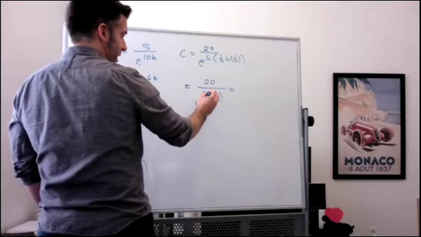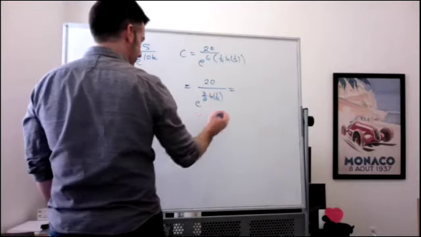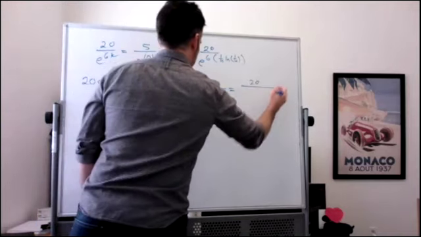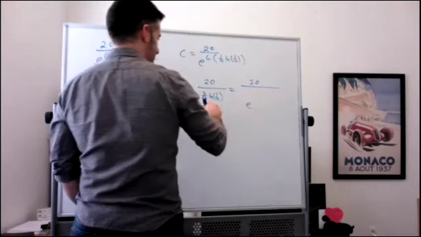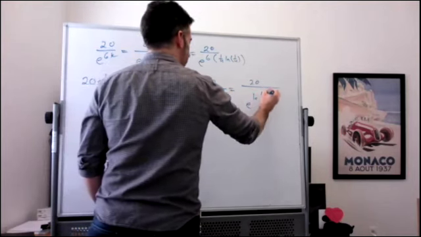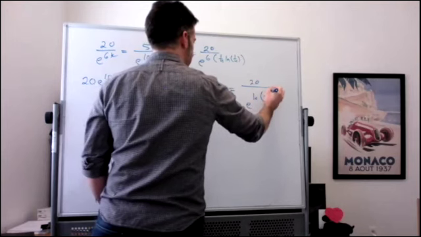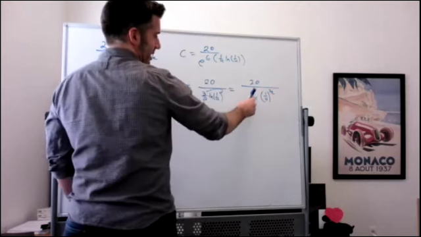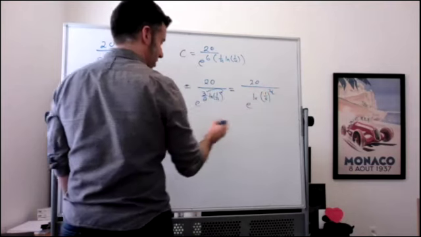This 3 halves times the natural log of 1/4, I can write as e to the natural log of 1/4 to the 3 halves power, since the 3 halves can come up as the power. E to the natural log of a thing is just the thing.